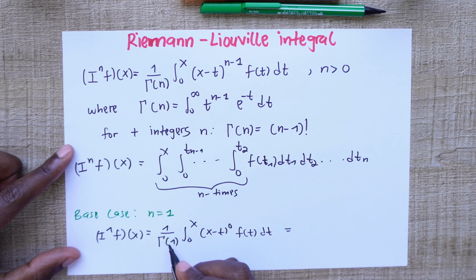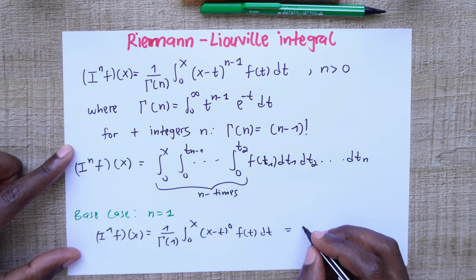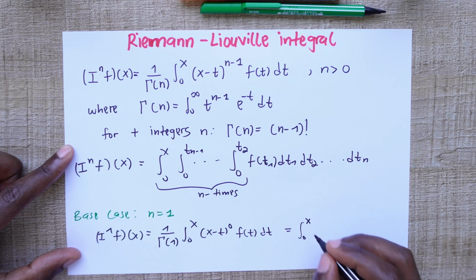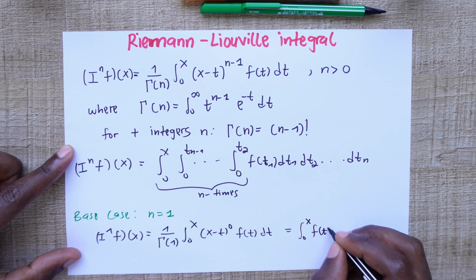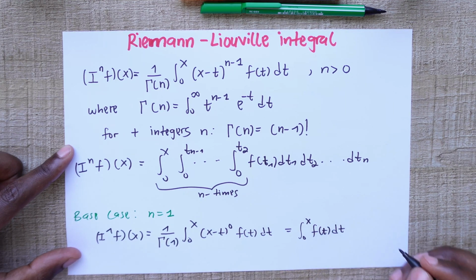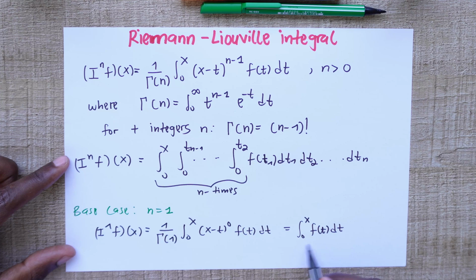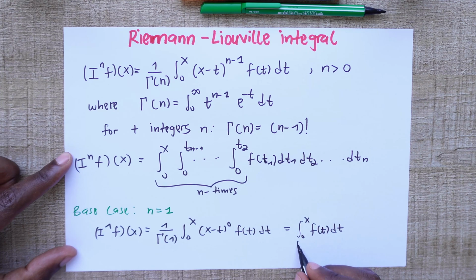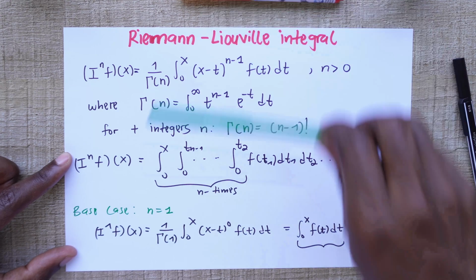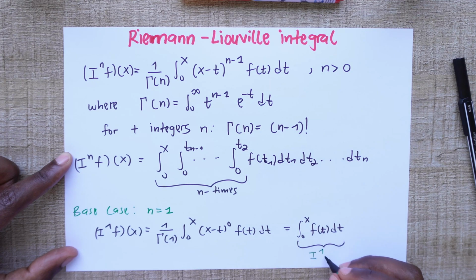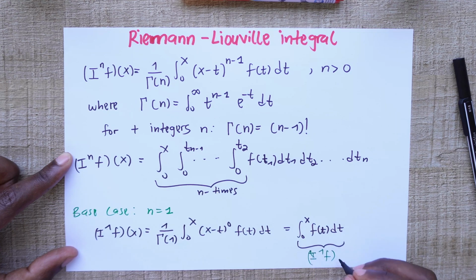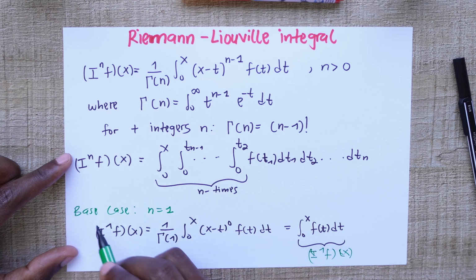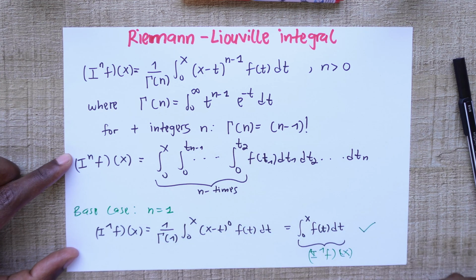If we simplify this, gamma of 1 is just 1, and x minus t to the power 0 is 1. So we have the integral from 0 to x of f of t dt. And we can clearly notice that this is just a single integral of the function f. So this expression here is just I^1 of f. Okay, so the statement holds for the base case.